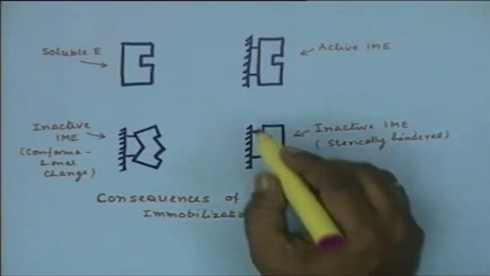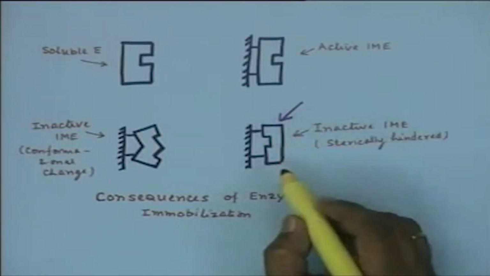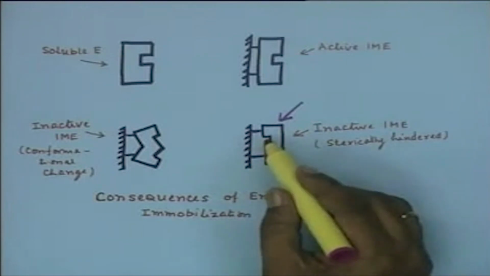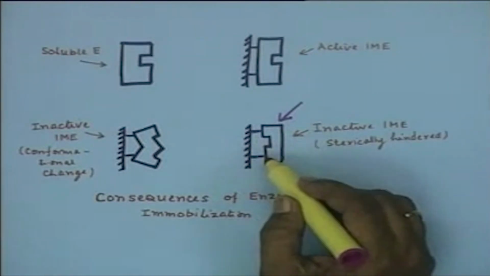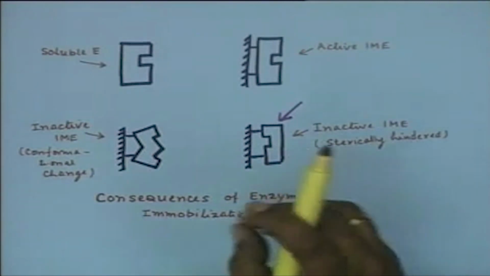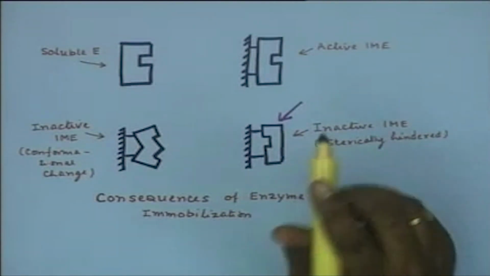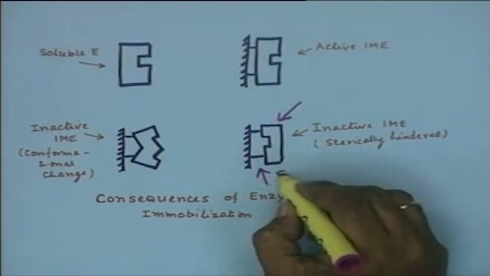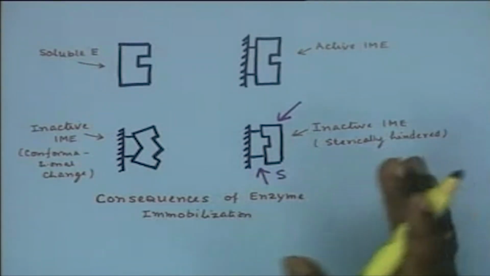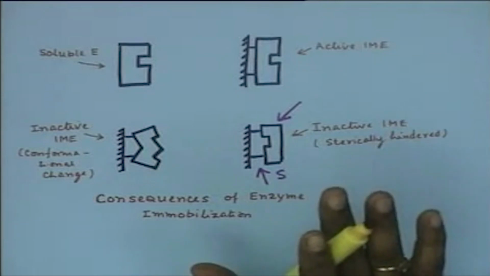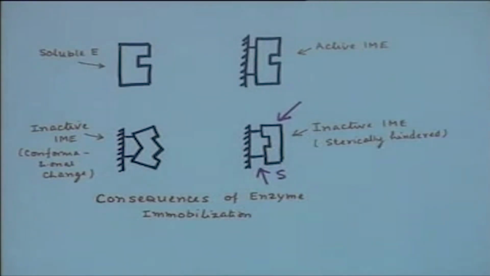For example, a typical case is shown here, where the enzyme has been immobilized on sites in very close proximity to the active site. Therefore the involvement of the substrate with the active sites is reduced, and that also results in reduced enzyme activity.